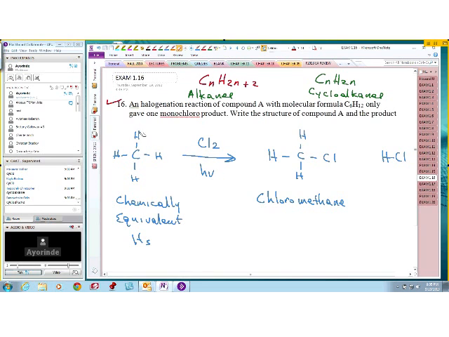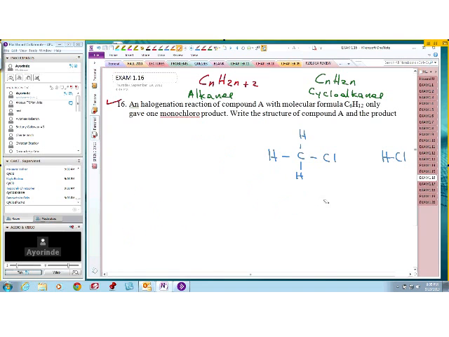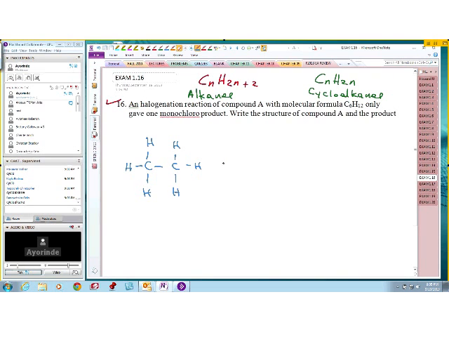Now let us make it a little bit more complex. Supposing I have this. Supposing I also now have this. Just follow me now. Let us use bromination, it doesn't matter. In the presence of light, what do I get?